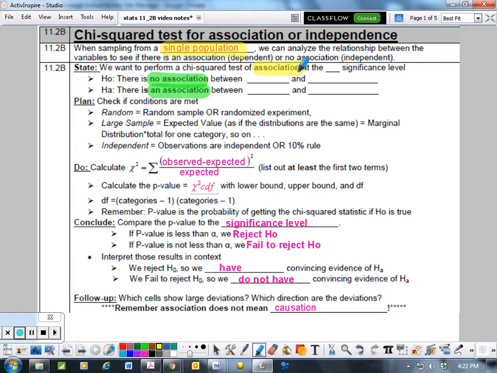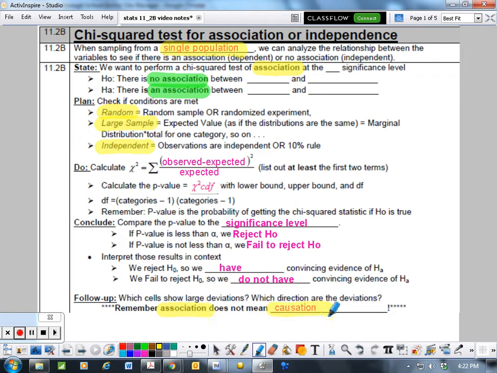An alternative hypothesis would be there is an association, there is a relationship between them. Then we check our conditions: random, large sample, independent. This is the exact same as what we were doing before. Our chi-squared is the same, our p-value is the same, everything's exactly the same except for the way we sampled it. Now please remember one big thing, association does not mean causation.